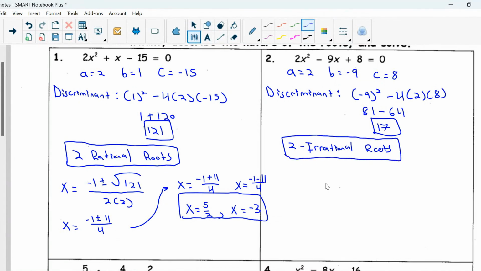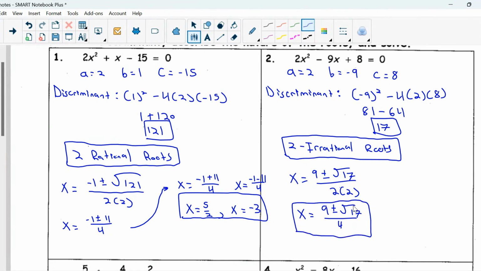So using our quadratic formula, we have x equals negative b, so negative 9, which is positive 9, plus or minus the square root of 17 all over 2a, so 2 times 2, which simplifies to be x equals 9 plus or minus the square root of 17 over 4.